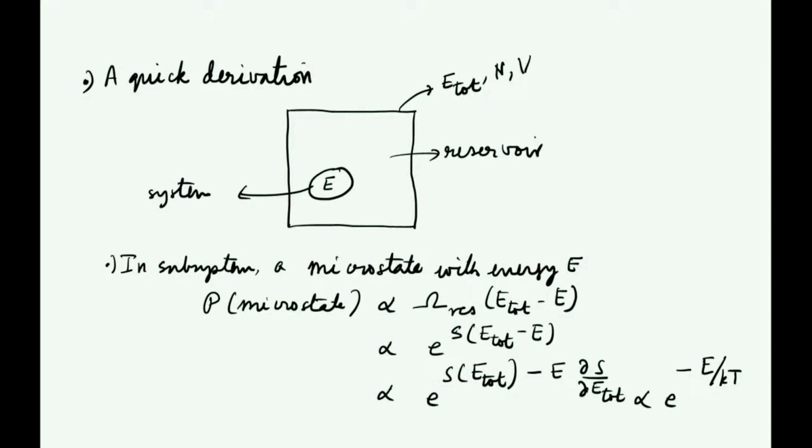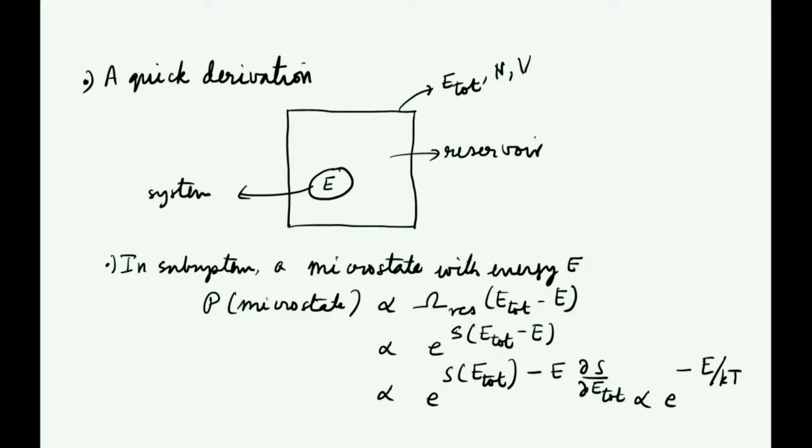And E total is much larger than E. So when I exponentiate, I get e to the power S times E total minus E. I do a Taylor expansion. This is fine, and I get a derivative of del S by del E, which I know is 1 by T. So I get e to the power minus E by kT. So that is a quick derivation: the probability that a certain microstate has energy E is e to the power minus 1 by kT, often called beta, so e to the power minus beta times E.